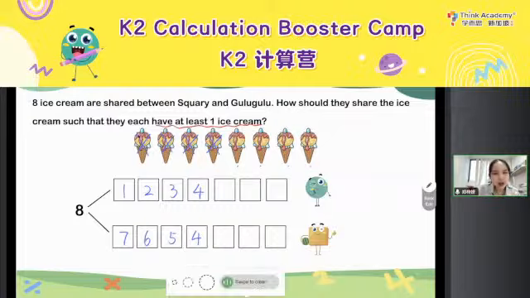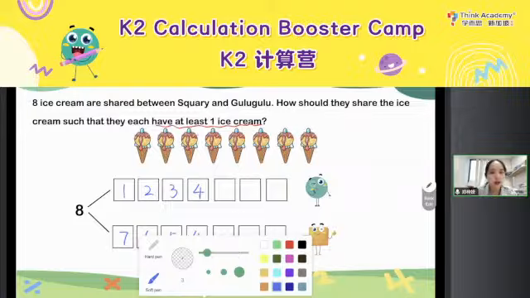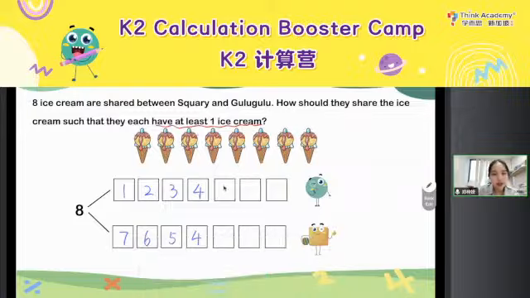Then still, what about Glue Glue wants more? Can Glue Glue have more ice creams? Yes. So if Glue Glue has 5, then can you right away tell me how many can Squarry have? I say 3. All right.